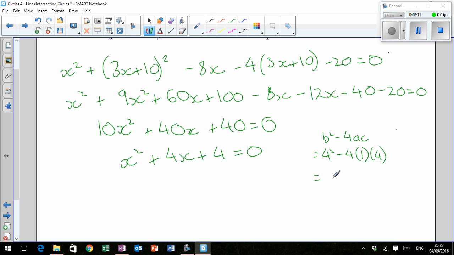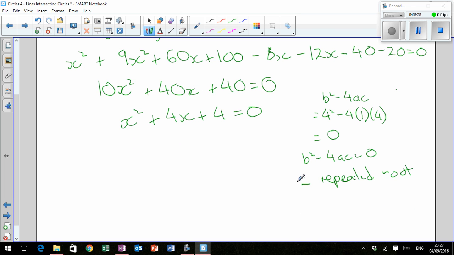That's 16, that's 16, so that's equal to 0. So b squared minus 4ac is equal to 0. Therefore, repeated root, and the line is tangent to the circle. So that's your big proper way of doing it.